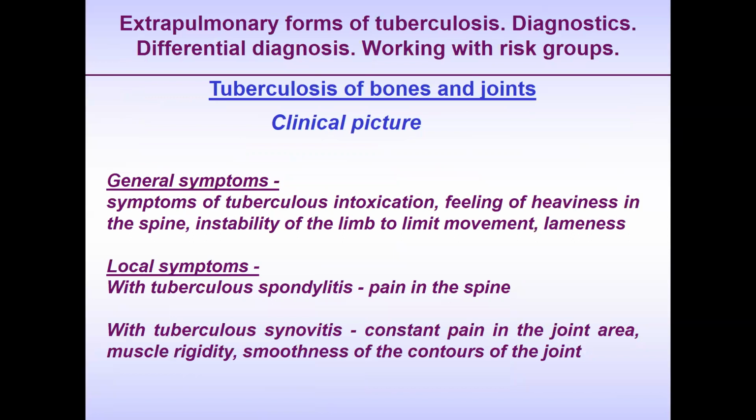Tuberculosis of bones and joints, the clinical picture includes symptoms of intoxication, a feeling of heaviness in the spine, instability, limited movement, lameness, and it can be pain in the spine, and so on.